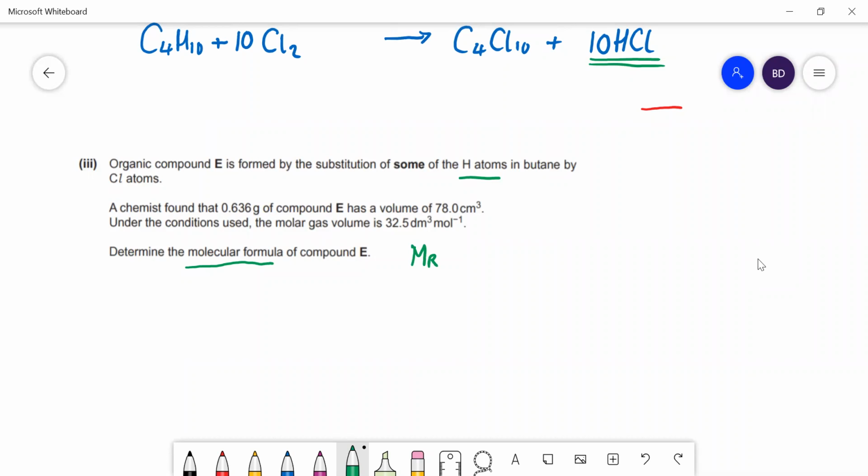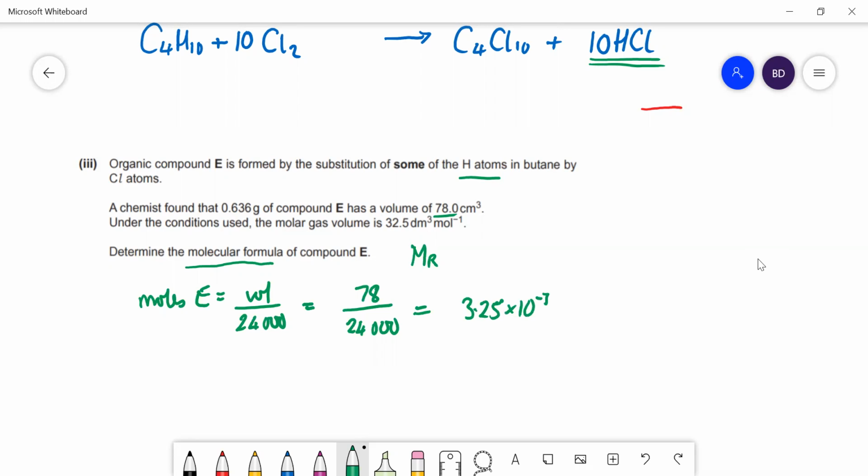So the moles of E is going to be the volume in centimeters cubed over 24,000, which is 78 over 24,000. That is equal to 3.25 times 10 to the minus 3. Okay, so that's how many moles of E we've got.